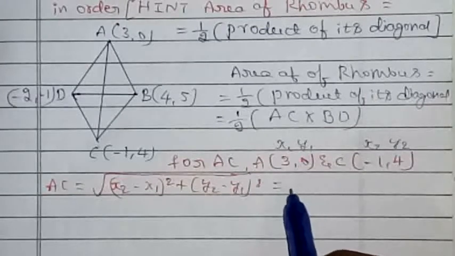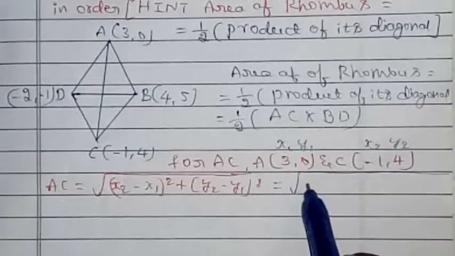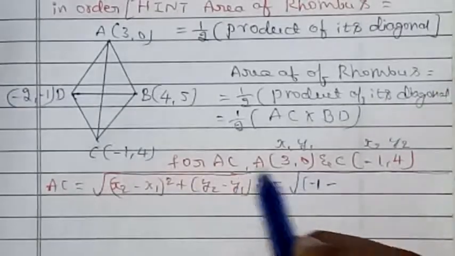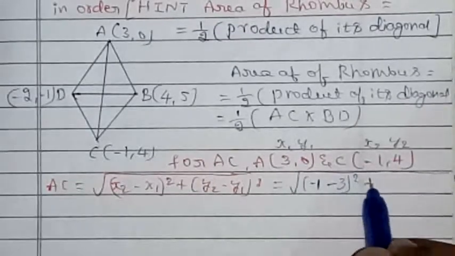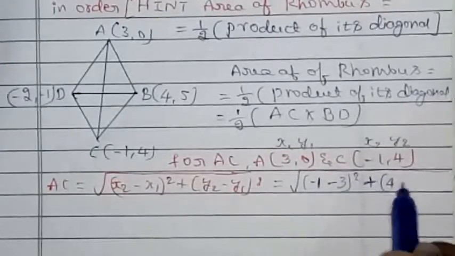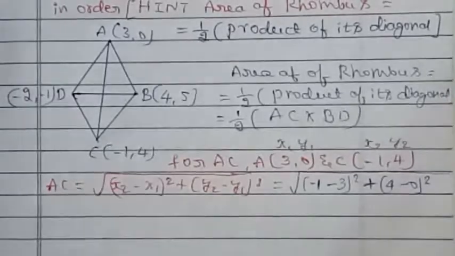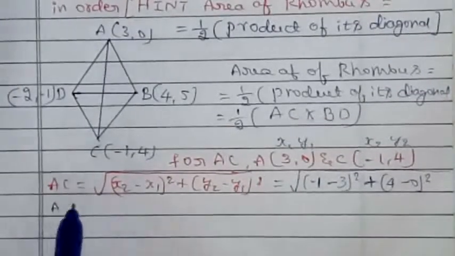So the square root of, x2 is -1 minus x1, which is 3, whole square, plus y2, which is 4, minus y1, which is 0, whole square. Now simplify this to get the value of AC, the distance between A and C.